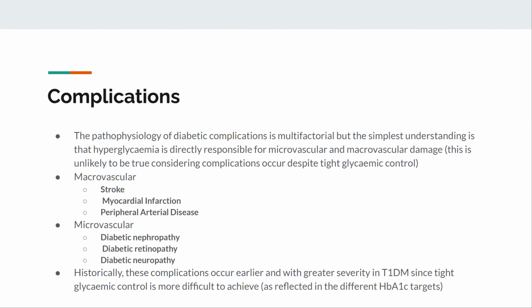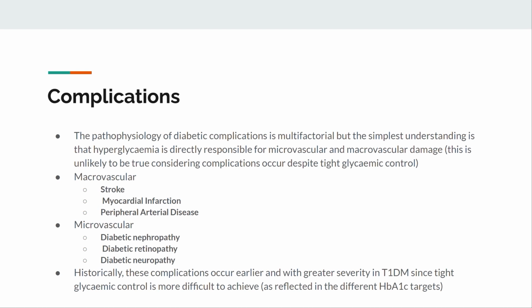Maybe it's been missed. So the eye is first, then the kidney, and if they have peripheral neuropathy, you can guarantee that they have nephropathy and retinopathy. If they have neuropathy, there's a good chance they have peripheral arterial disease and atherosclerosis and are at a high risk of stroke and MI.